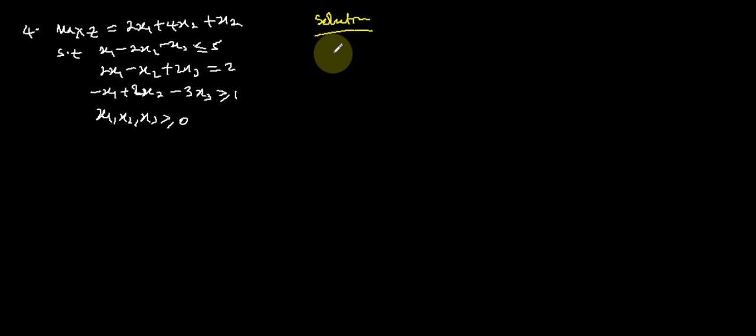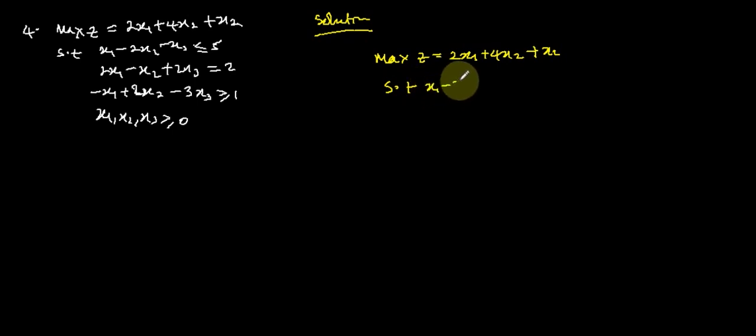So example 4, we are to maximize 2x1 plus 4x2 plus x3 subject to these respective constraints. As usual, max z equal to 2x1 plus 4x2 plus x3, subject to x1 minus 2x2 minus x3, less than or equal to, which makes it a slack variable, plus s1, and we equate it to 5.